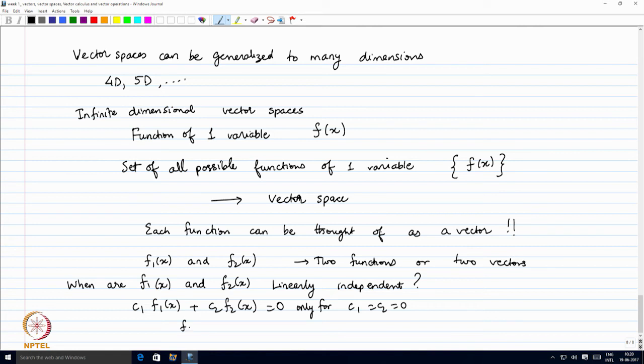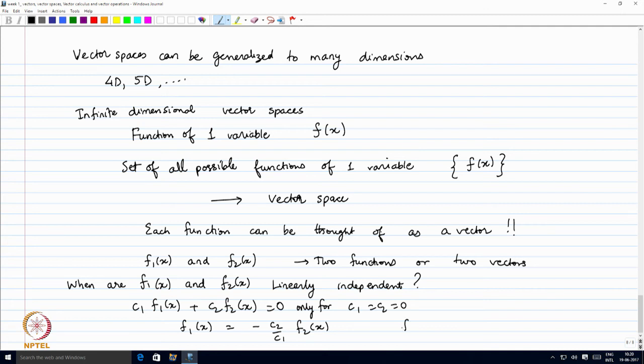I can write f1 of x equal to minus C2 by C1 f2 of x, or I can write f1 of x as a scalar. So, minus C2 by C1 is a scalar. So, I can write it as a scalar multiple of f2.